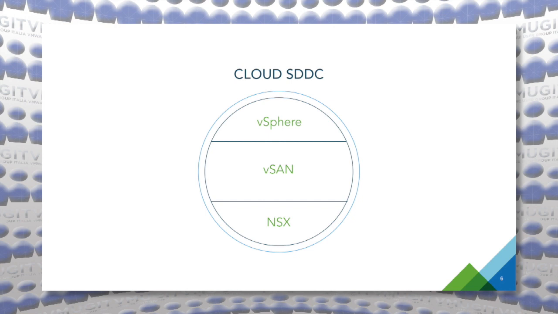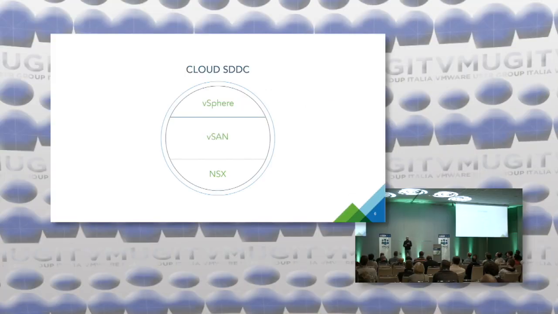So every customer logs on to vmc.vmware.com and says, I want to deploy a cloud SDDC. Now in that cloud SDDC, you get vSphere for your compute and your memory and just your hypervisor. You get vSAN for your storage layer, and you get NSX for your networking. Now one of the key premises is that we want to make a low learning curve technology or service.